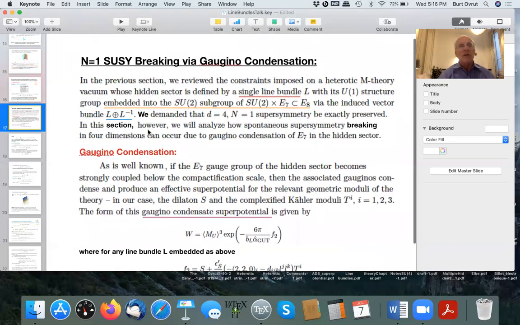Okay. Having said that, that's our vacuum, and we want to discuss gaugino condensation in this context. So again, we had the single line bundle, we embedded it into SU2 of SU2 cross E7 inside of E8, and we did that by taking L plus L inverse and so on.